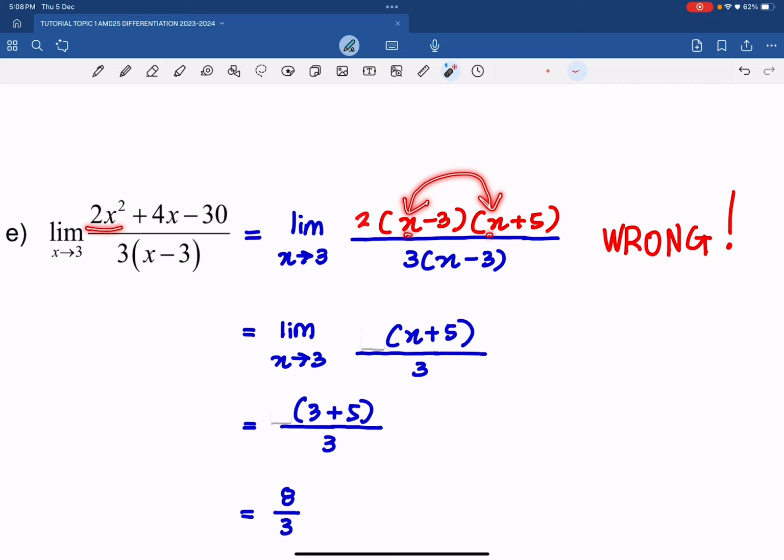So to get 2x squared, we need to multiply with 2. So when we multiply 2 with all the factors we have, we're going to get 2x squared plus 4x minus 30. So there is a 2 there. Then it's going to be 2 here, and the answer is supposed to be 16 over 3.